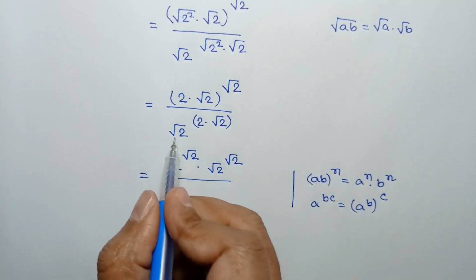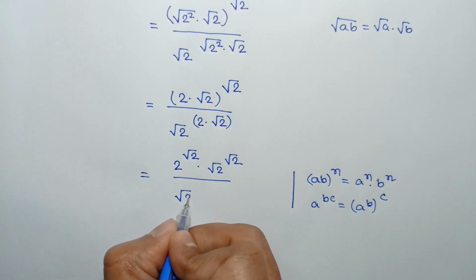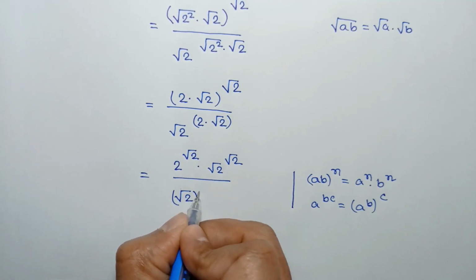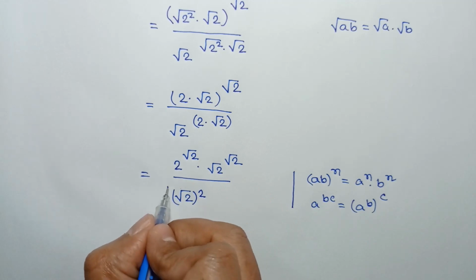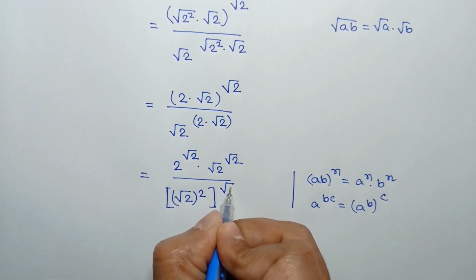We can write it as (√2)² whole to the power √2.